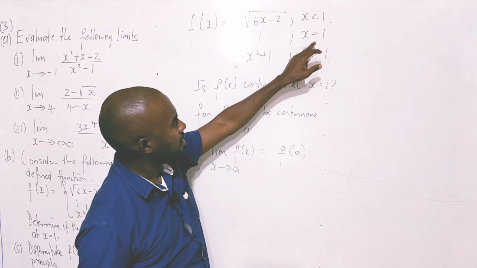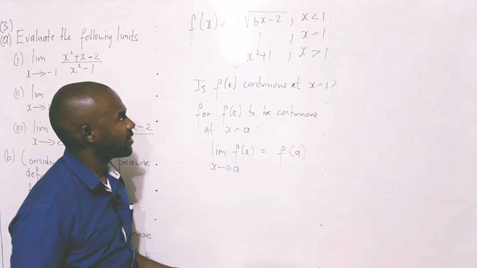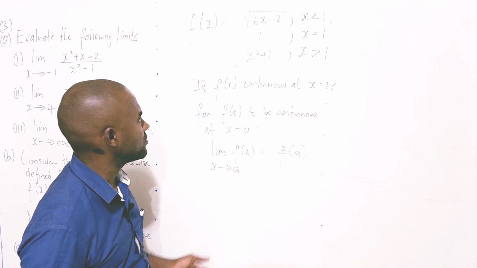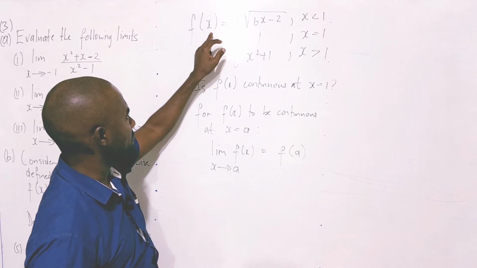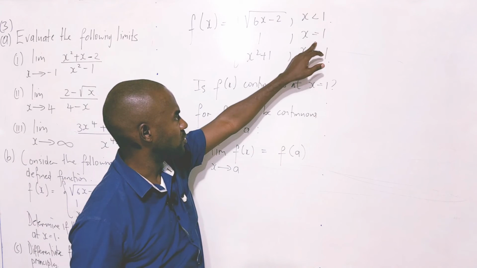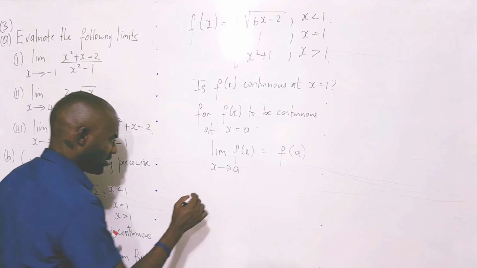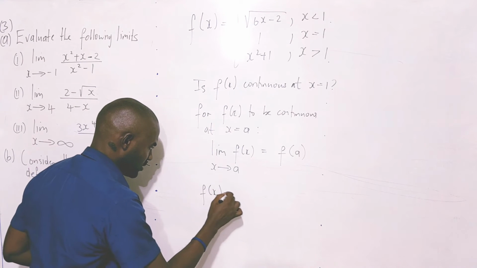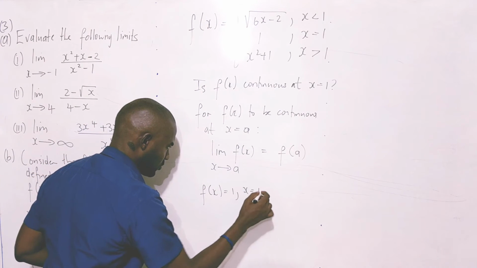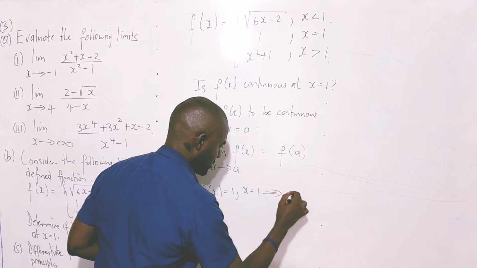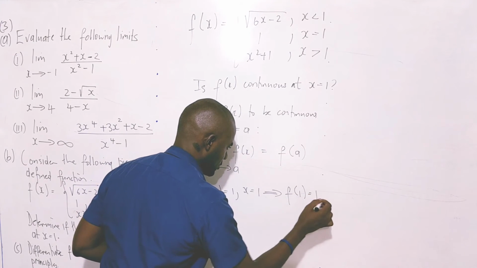And if so, what is the value? Clearly from the rule of the function, f of x is equal to 1 when x equals 1, and therefore f of 1 is equal to 1.